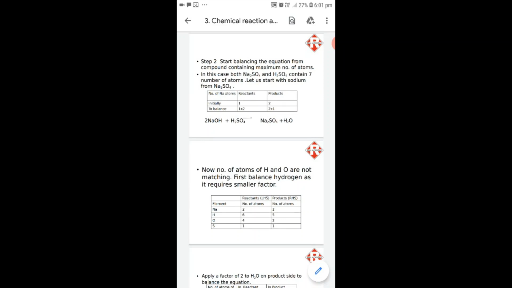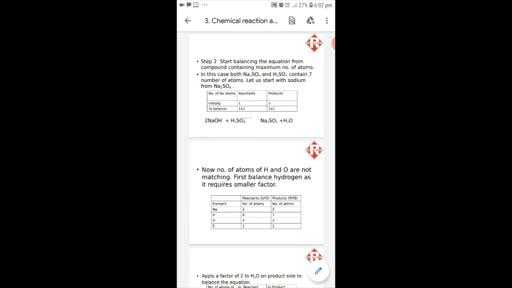When we want to balance, we apply this 2 before the NaOH molecule, just like a coefficient. This 2 is applicable for sodium, oxygen and hydrogen also. But focusing on sodium, the sodium on the LHS and RHS is balanced. The number of atoms on the LHS and RHS are equal.